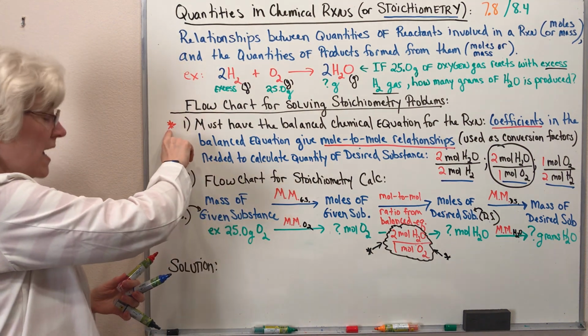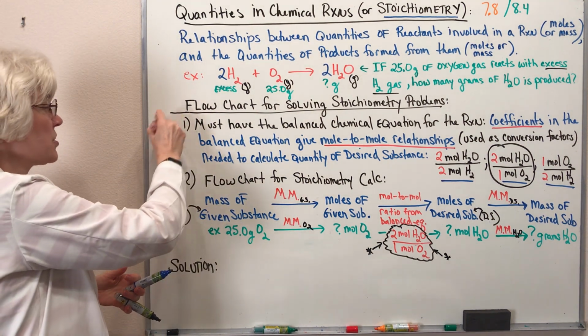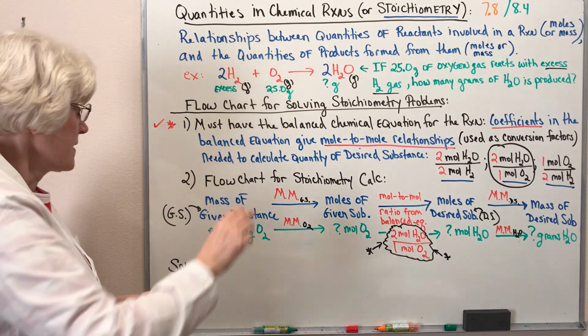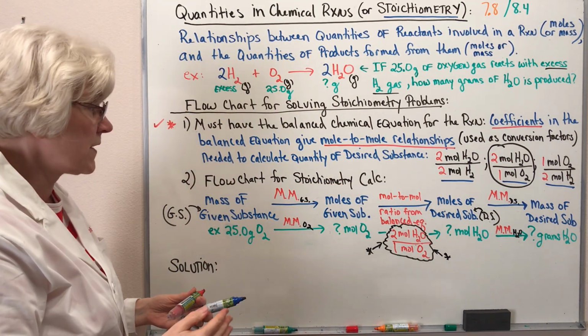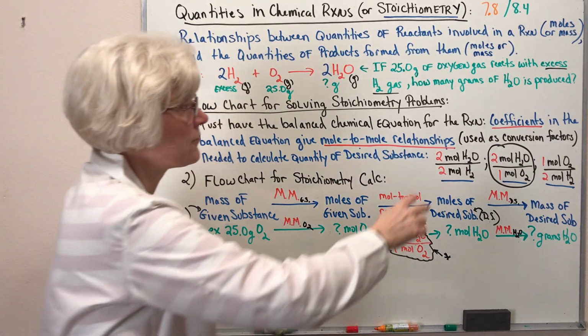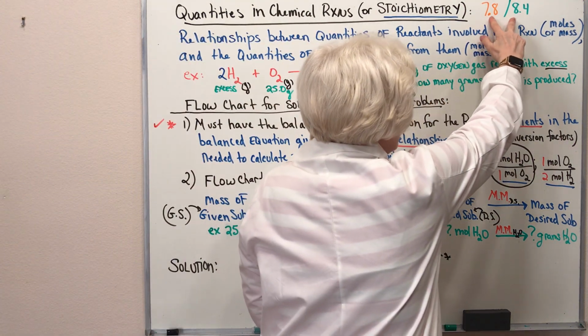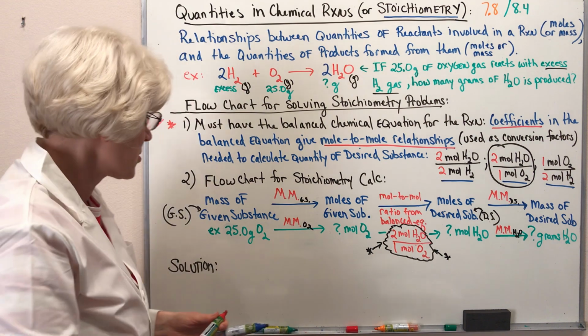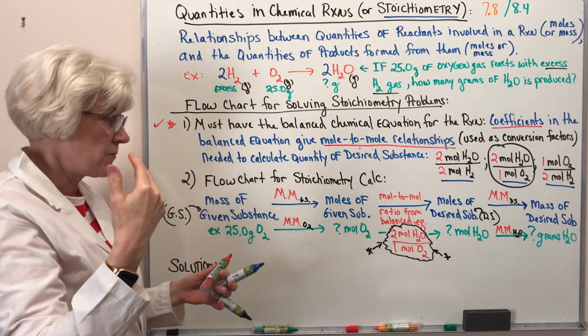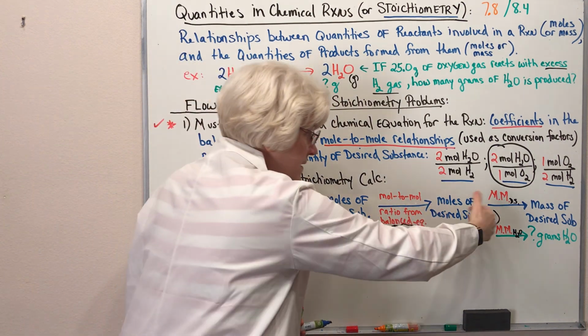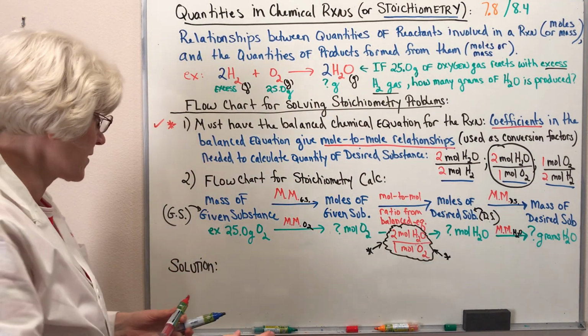So you must have the balanced chemical equation, and we do. Secondly, you have to follow a flow chart for solving the stoichiometry problem, and that flow chart is written in each of the sections that I've mentioned and also put up here on the board for you. Stoichiometry problems always will fit the same general pattern.